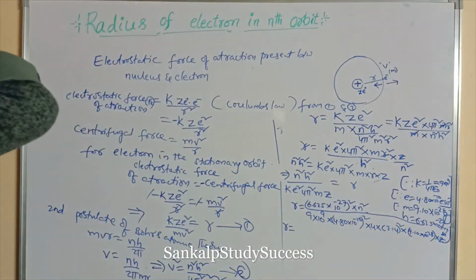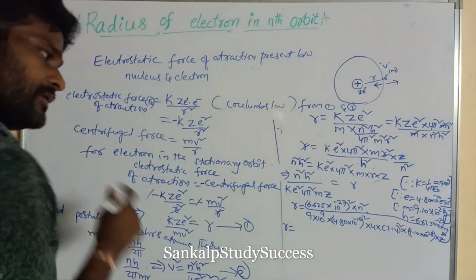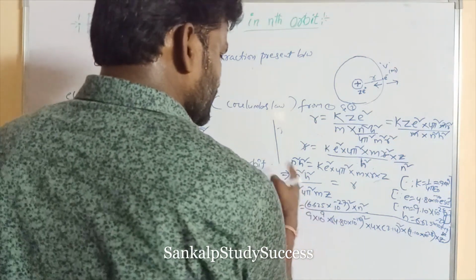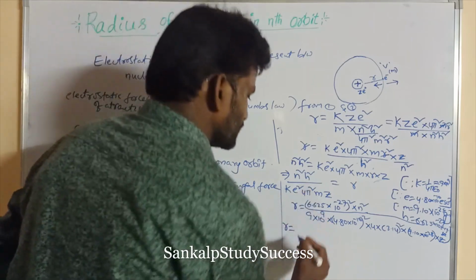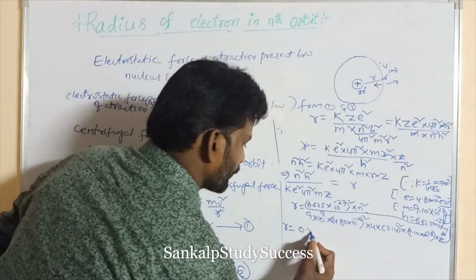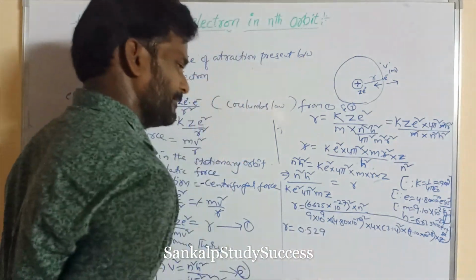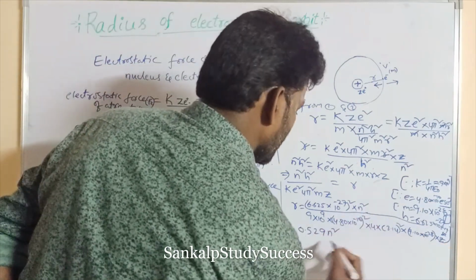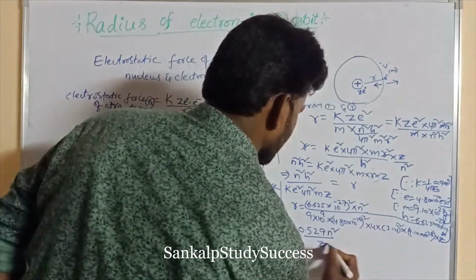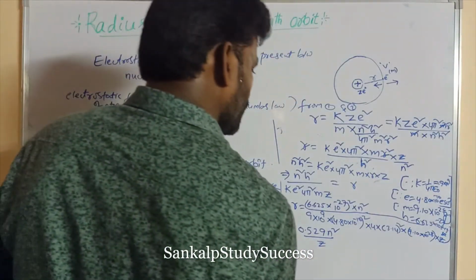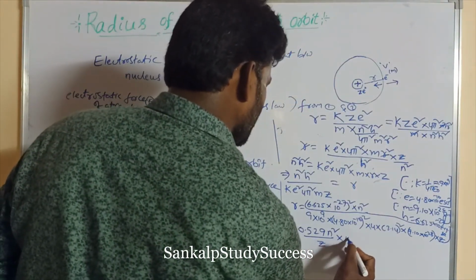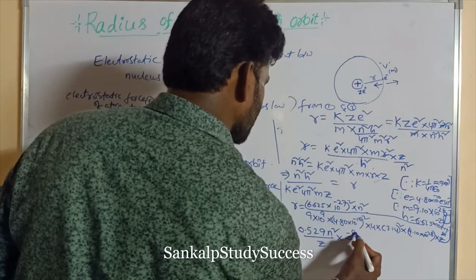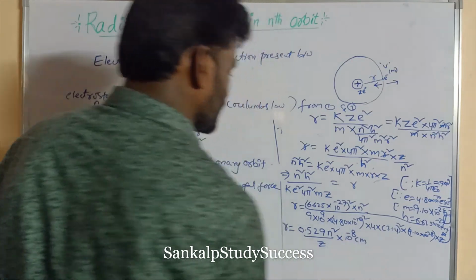So all these values are substituted in the equation. Finally we got 0.529 n square by Z into 10 to the power of minus 8 centimeter.